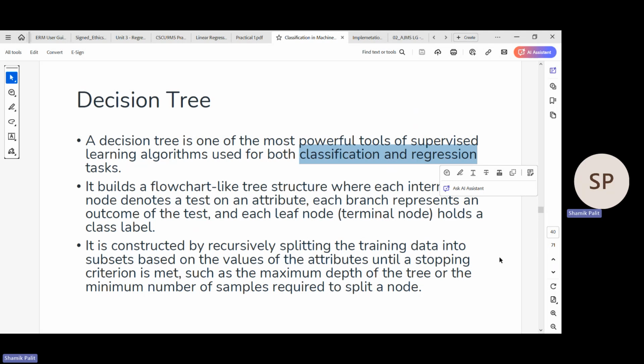And generally, the branches of that tree structure represent the tests, and the leaf nodes on that particular tree, which are also known as the terminal nodes, actually hold the class label of the classification over here.